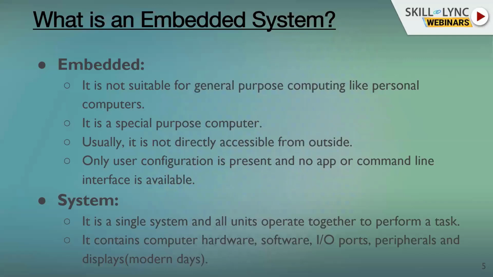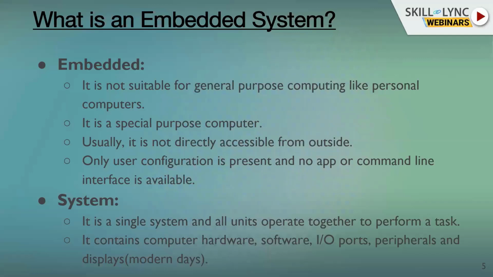However, you will not be able to do general purpose computing or anything that it has not been intended to do. Sometimes you also have some configuration abilities, so you can configure your system. That is possible, but in general, interfaces are quite limited and they are intentionally kept that way.